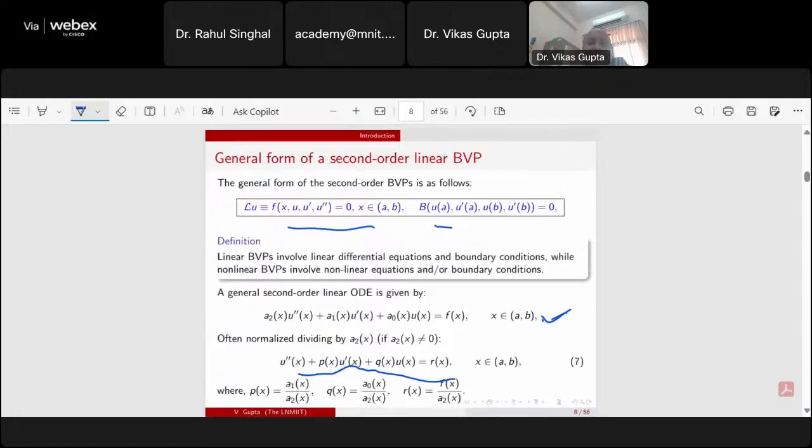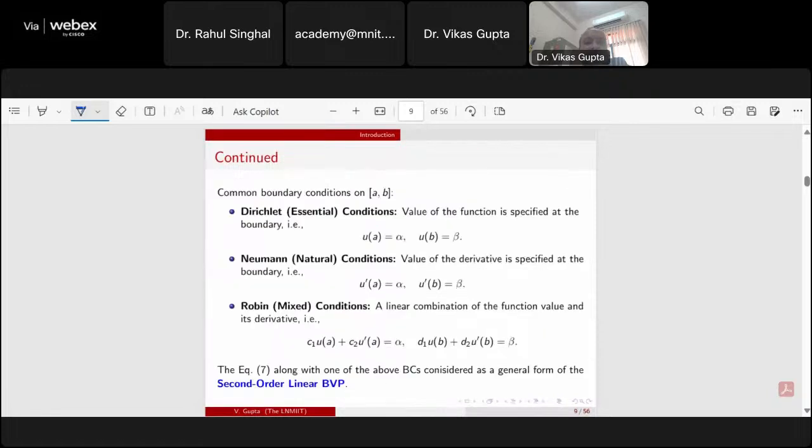And if equation number 7 is considered along with one of these well-known boundary conditions, which I think all of you are aware of, the Dirichlet boundary conditions, Neumann or natural boundary conditions, and Robin or mixed boundary conditions, then that equation along with one of the above boundary conditions is said to be a general form of a second order linear boundary value problem.